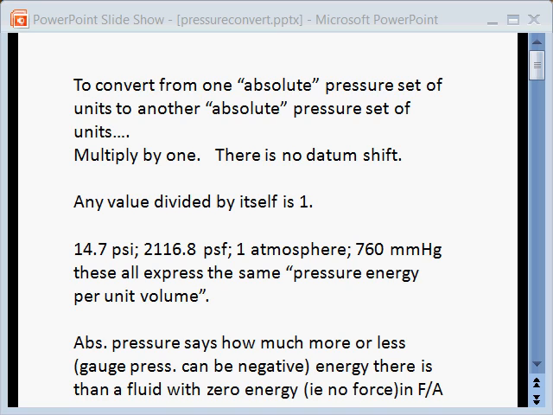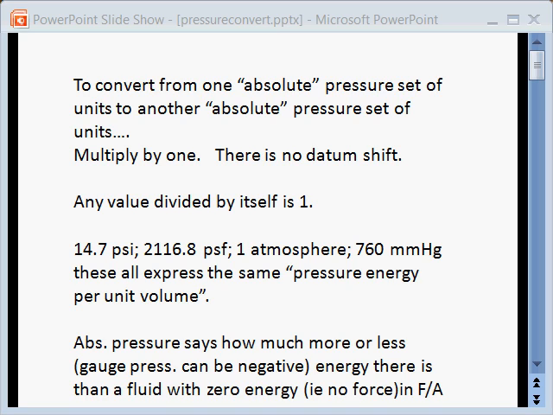The conversion from 14.7 to 2116.8 is just that gross of square inches in a square foot. And then you can use the 2116.8 and the 62.4 unit weight of water to get to 33.9 feet of water. And that concept of head comes back all the time.